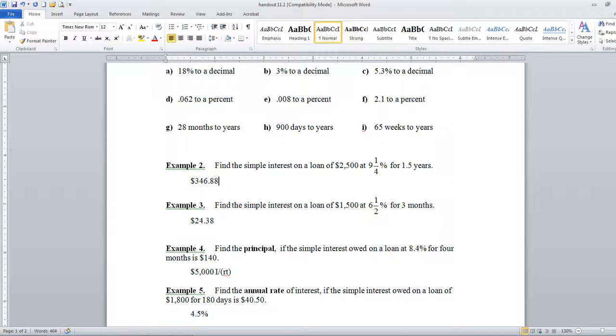Let's take a look at this problem that we begin with first under example 2. Under example 2, I'm asking you to find the simple interest on a loan of $2,500 at 9.25% for 1.5 years. First, I must identify what I'm given. The principal is $2,500. The interest rate in decimal form is 0.0925.